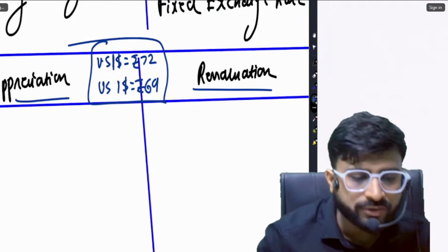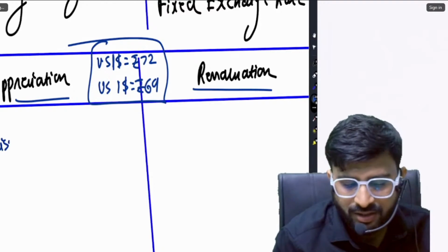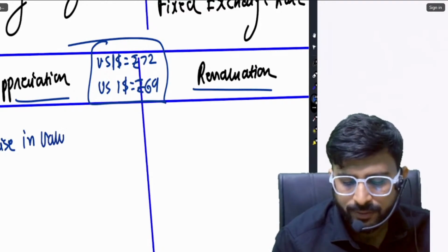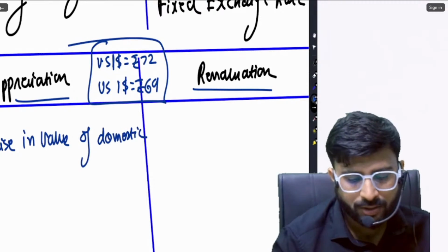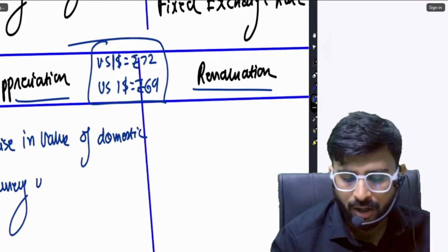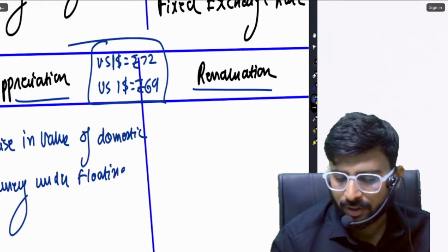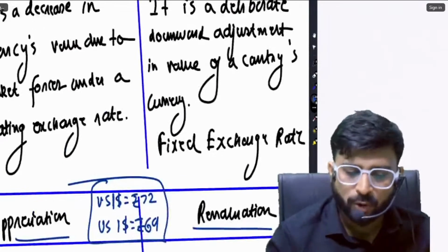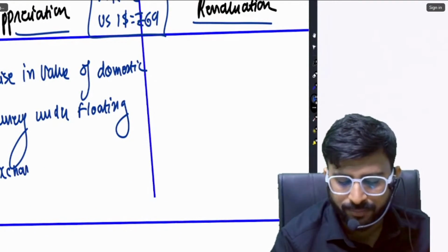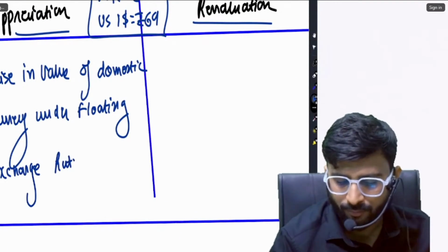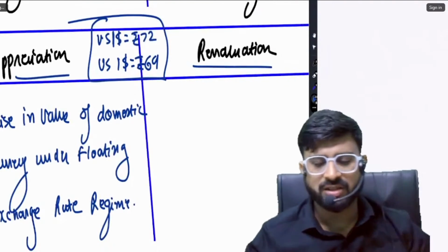Again, the cause of the two is different. Appreciation is a rise in the value of domestic currency under a floating exchange rate regime. It is just the opposite of depreciation.